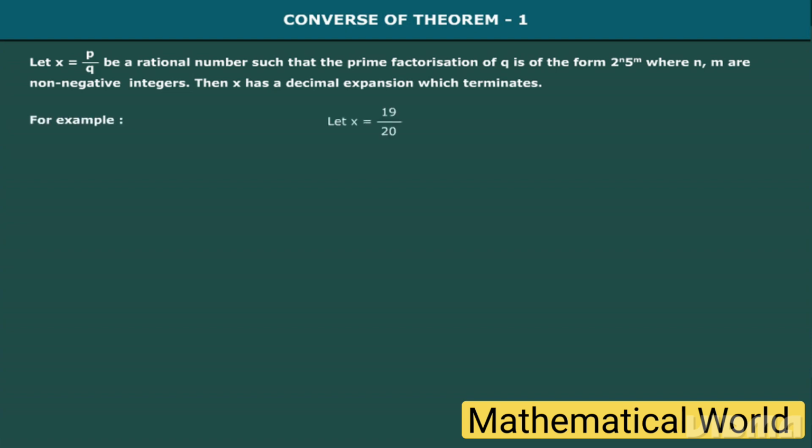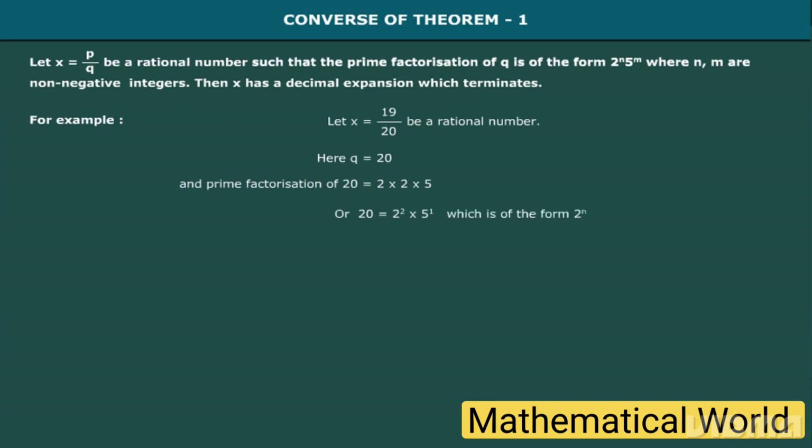Let x equal to 19 by 20 be a rational number. Here q is equal to 20, and the prime factorization of 20 is equal to 2 into 2 into 5, or is equal to 2 raised to the power 2 into 5 raised to the power 1, which is of the form 2 raised to the power n into 5 raised to the power m.